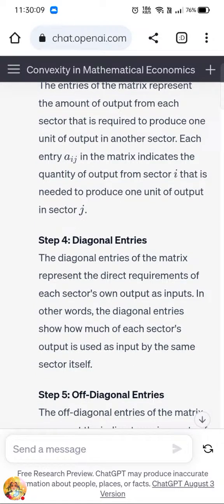Then step 4 is diagonal entries. The diagonal entries of the matrix represent the direct requirement of each sector's own output as input. In other words, the diagonal entries show how much of each sector's output is used as input by the same sector itself.